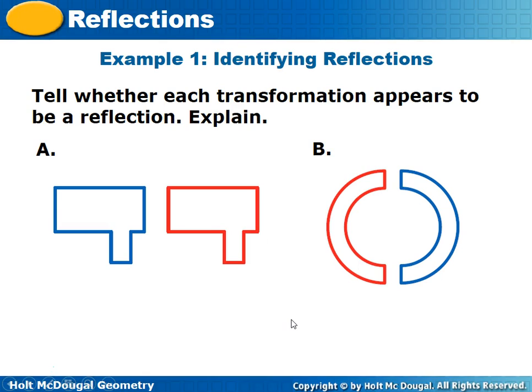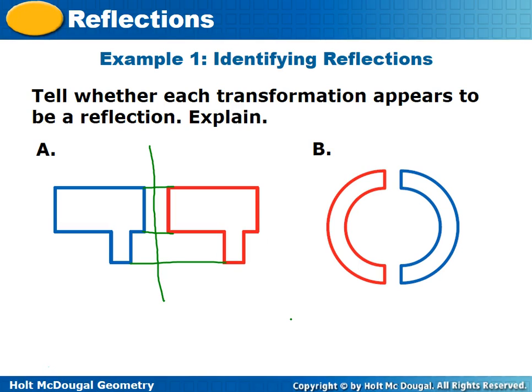So this first example says, tell whether each transformation appears to be a reflection and explain. So referring back to what I just talked about, we're going to draw a line from each of these points. So we're going to draw a line from each vertex here, these three at least. Then we're going to draw what we think is a line of reflection.